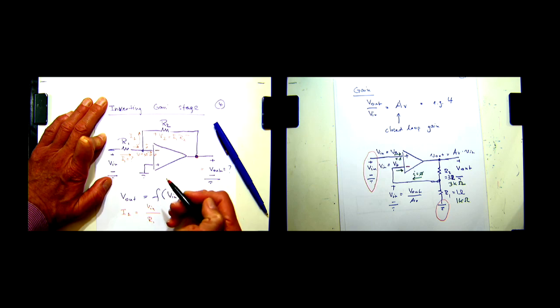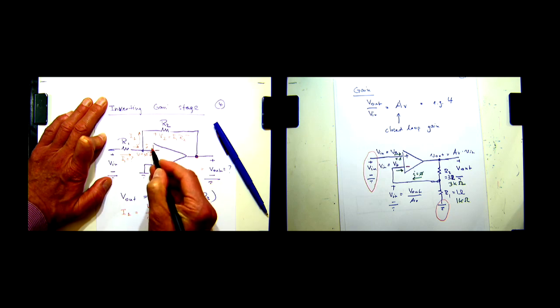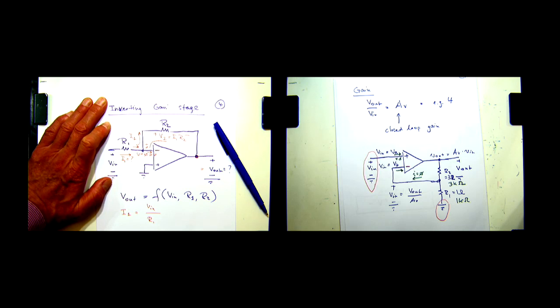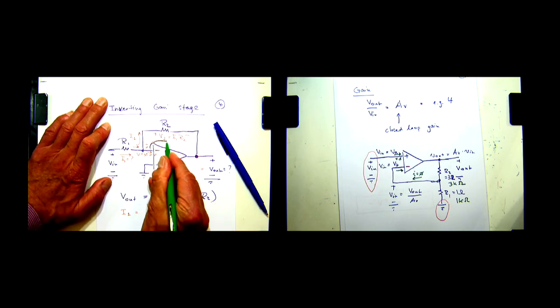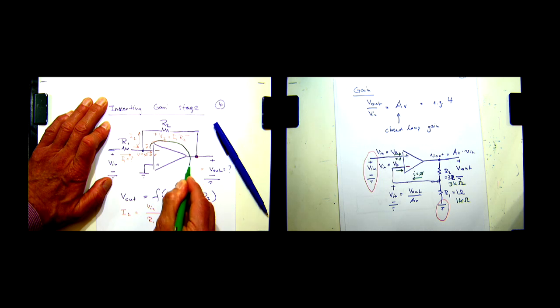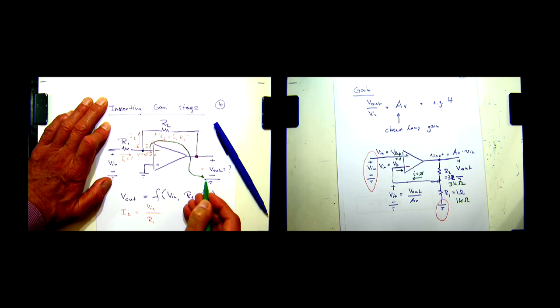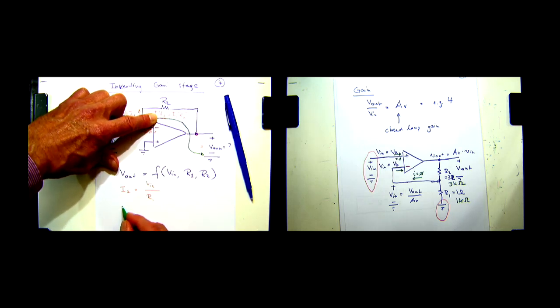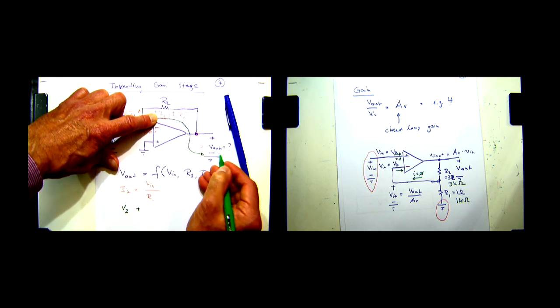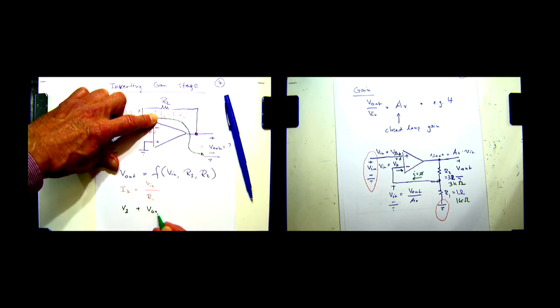Then maybe we can use KVL. We start from here. We do a KVL loop. Let me do this in a different color. A KVL loop like this. So we start from 0 and we go right back to 0. So KVL should apply. So then we enter at V2 at the positive terminal, plus we enter V out also at the positive terminal.